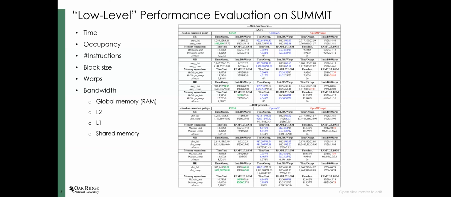As we can see, in most of the cases the best performance is provided by the OpenACC backend. So as I say, in this particular case for Kokkos, the operation that we have to compute is something we don't know when we implement the different backends for the Kokkos front end.